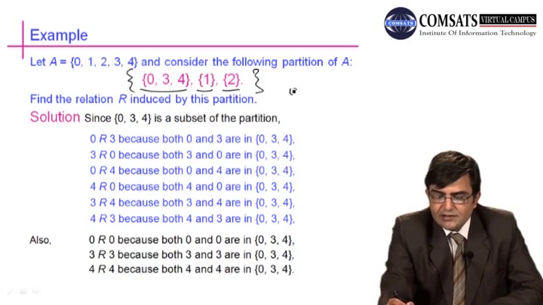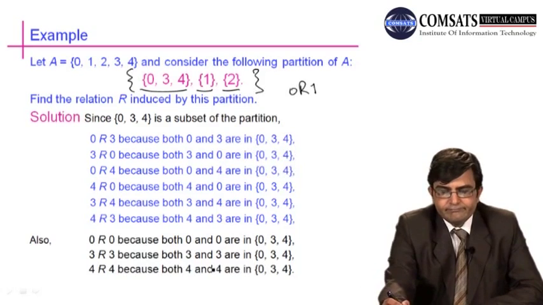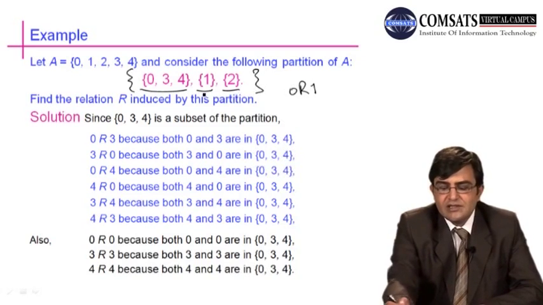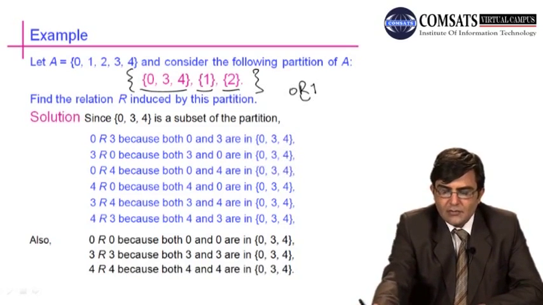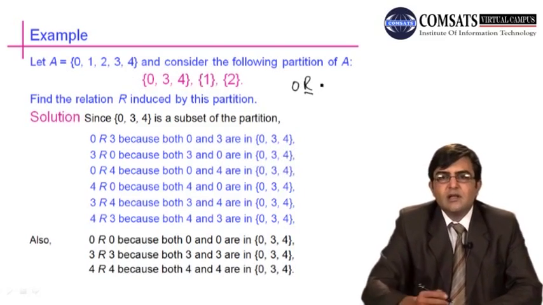If you want to check whether 0 is related to 1 or not, no, because 0 belongs to this set and 1 belongs to this set, because these two elements belong to different sets. So therefore we can say that 0 is not related to 1.